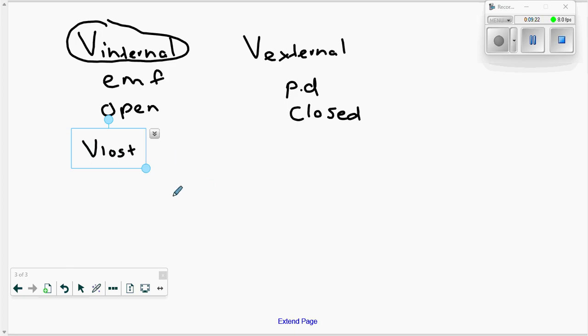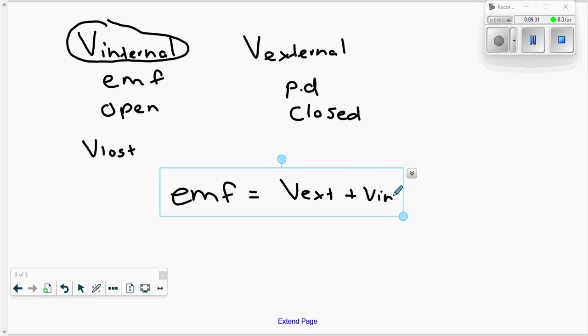A nice way to look at it is that the EMF is equal to the V external plus the V internal. So this V internal would be that 0.8 volts that the resistor was using to do work, to push the current through the system, and the V external was that 11.2 volts that we worked out the rest of the circuit is then using, and that would then come to your 12 volts that we originally had in the previous slide.